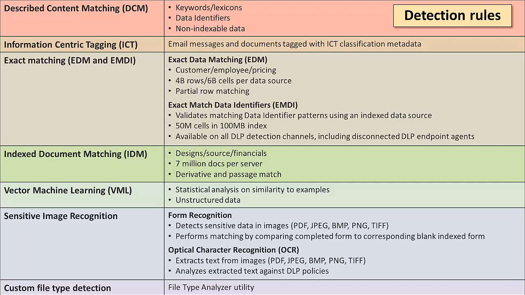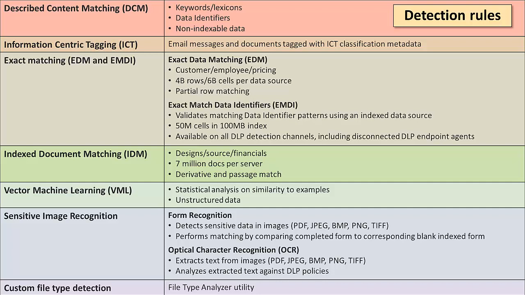Detection rules use conditions to describe the different patterns, formats, and contexts in which confidential data can occur within an organization. Detection rules leverage Symantec data loss prevention's detection technologies to achieve near-perfect accuracy in incident detection.